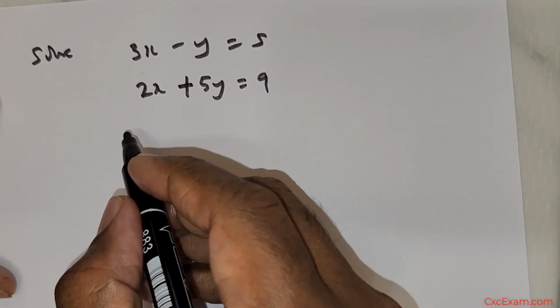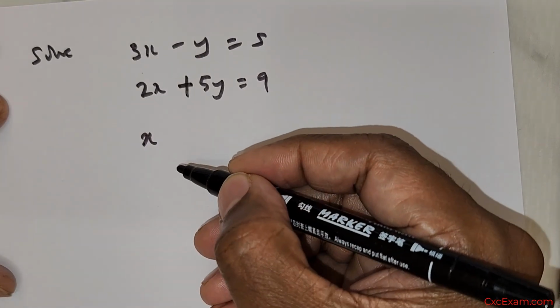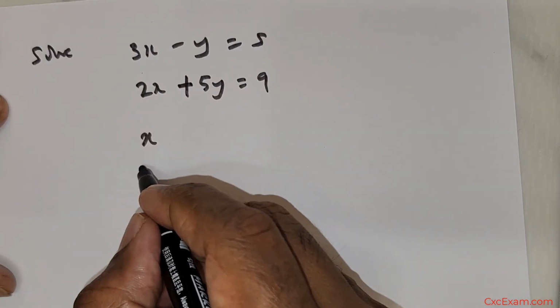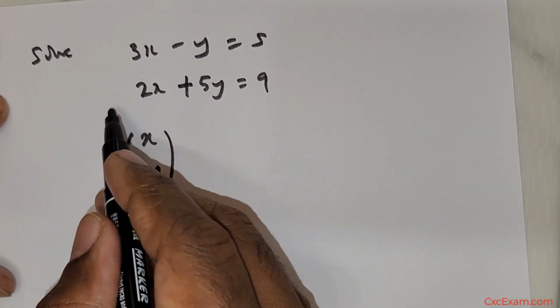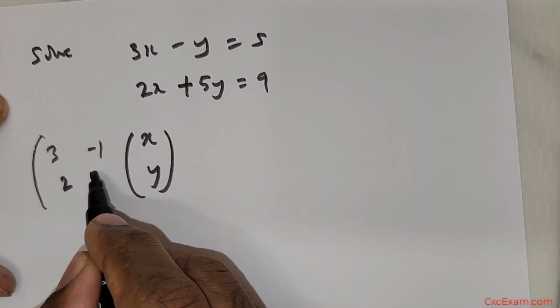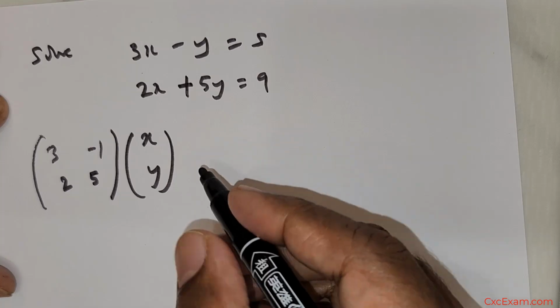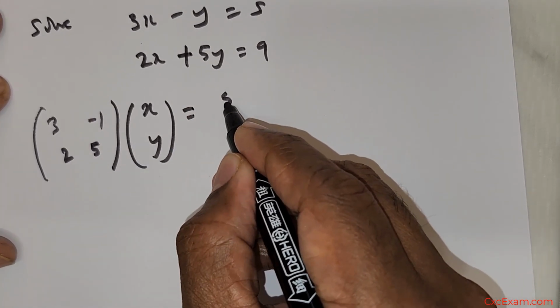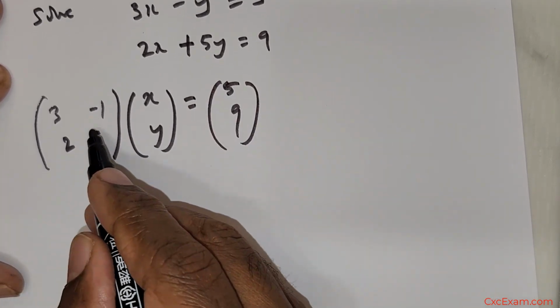Now we are asked to solve, so I'm going to rewrite this as x and y, and then this component as 3, negative 1, 2 and 5, which is equal to 5 and 9.